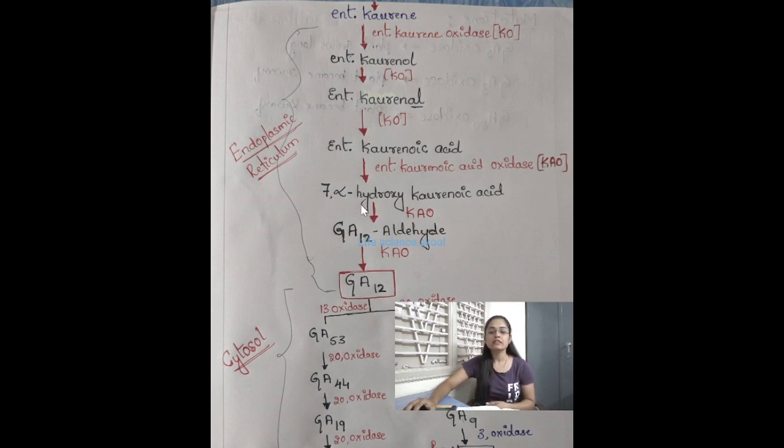And then later this 7-alpha hydroxykaurenoic acid is converted into GA12 aldehyde, that is gibberellin 12 aldehyde, and this gibberellin 12 aldehyde is converted into gibberellin 12 by the enzyme KAO, that is ent-kaurenoic acid oxidase. All these steps are going to take place in the endoplasmic reticulum.